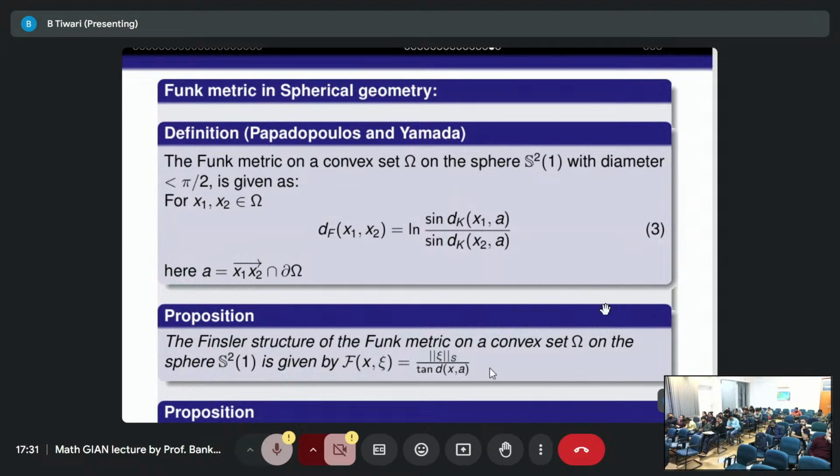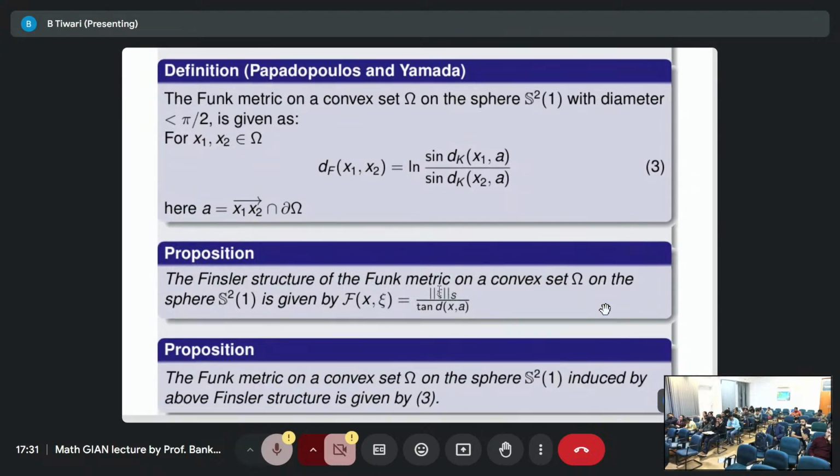And again, they computed the Finsler structure for this Funk metric, the infinitesimal structure of this Funk formula in a local coordinate system.